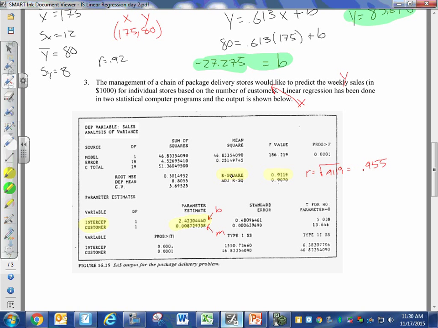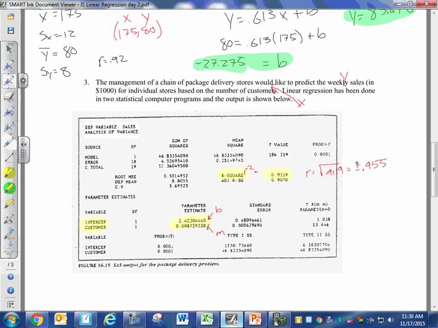Now, when we take the square root of something squared, this is R squared, right? We should get either a positive or a negative value. Well, either we can know what it's going to be by thinking about the certain situation that we have, whether it's going to be a positive or a negative relationship, or we can look at our slope.